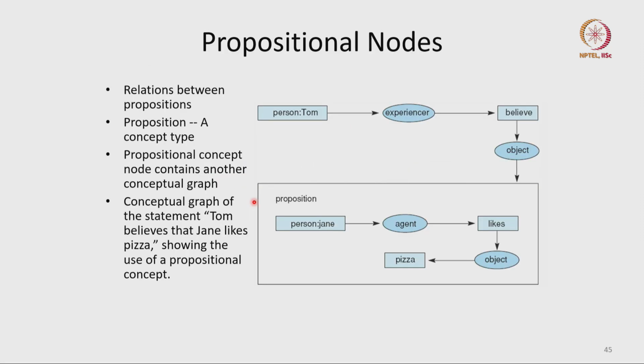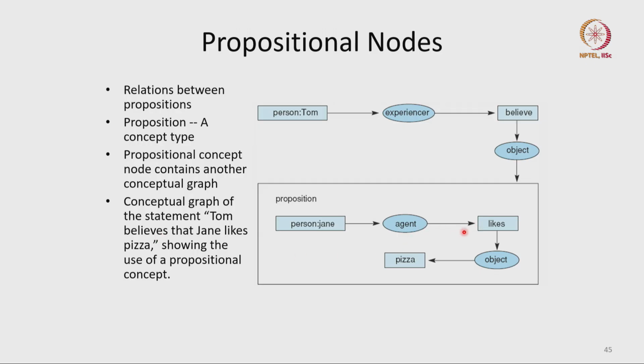Okay. Now, if you have a proposition, okay, you can represent the proposition in this way, in a box, right. And you can say that for universal quantification you can use this. For example, Tom believes that Jane likes pizza. Okay.